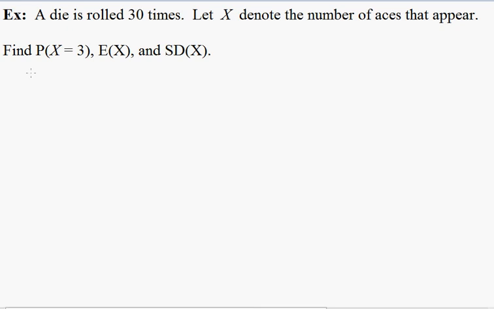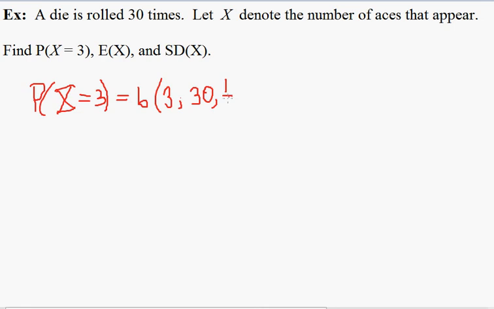So this follows the binomial distribution, and so we know that the probability that x is equal to 3, using the notation used in the text as well as in class, will be equal to b(3; 30, 1/6), with parameters 30, the number of trials, as well as the probability of success in any one single trial, which is 1/6.